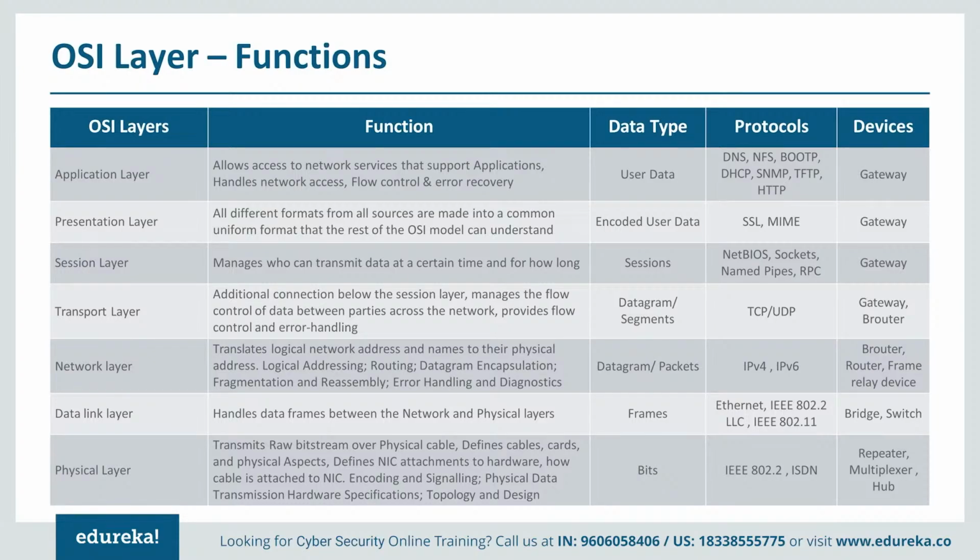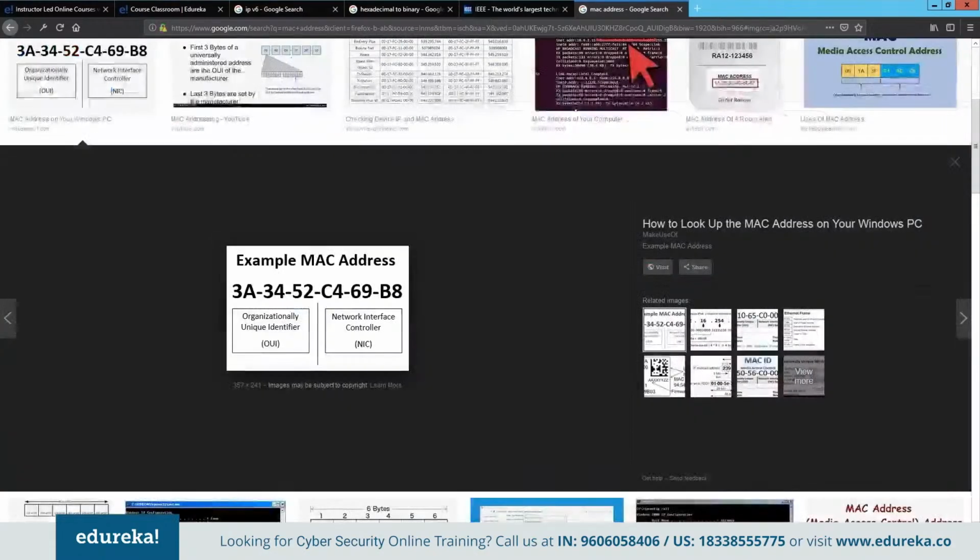The physical address, the MAC address, is created while manufacturing the device and is hardware built. There are multiple capacitors which will be burned when manufacturing. This is how the MAC address looks: 3A, 34, 35, 2C, 64, 69. These MAC addresses are embedded in the network device.